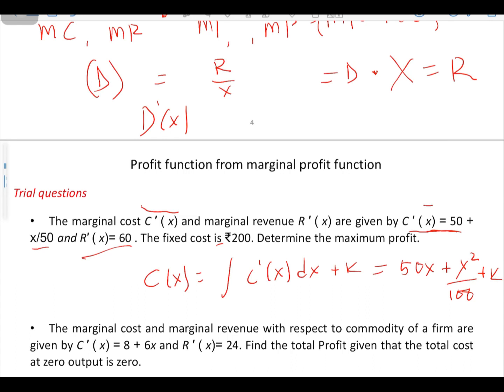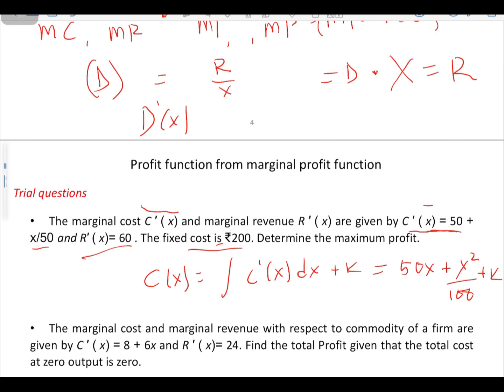So remember that when the quantity produced is 0, then the fixed cost over there is 200, because they told us that the fixed cost is what? 200. So when the quantity produced is 0, the fixed cost is 200, you'll be able to calculate, because here now we have our C of x.